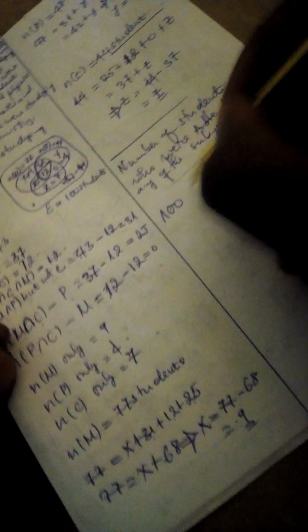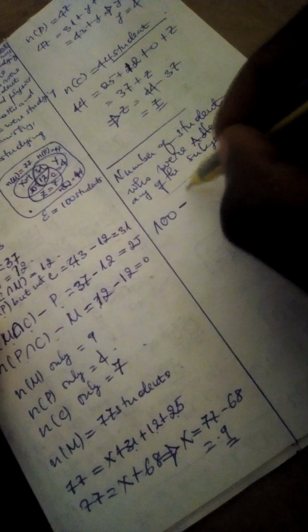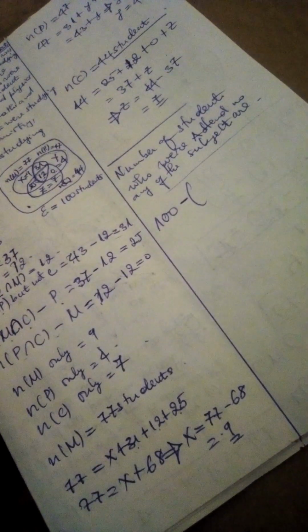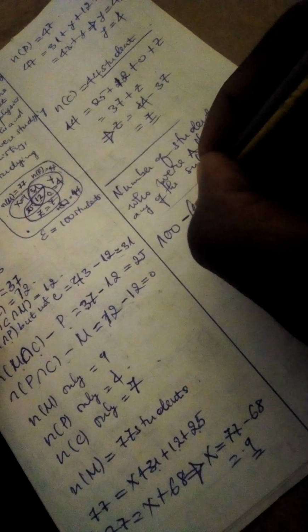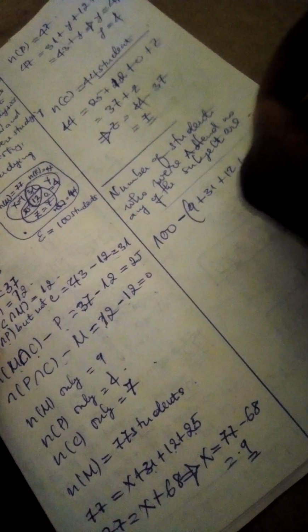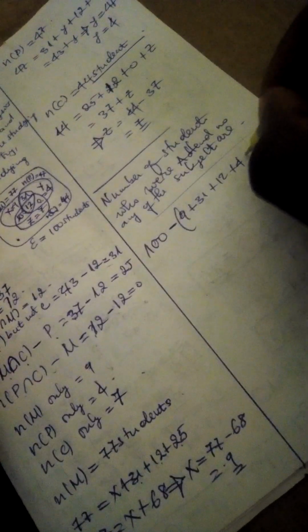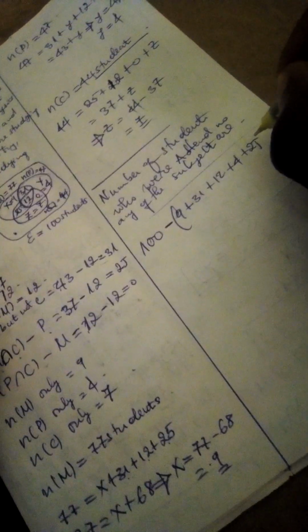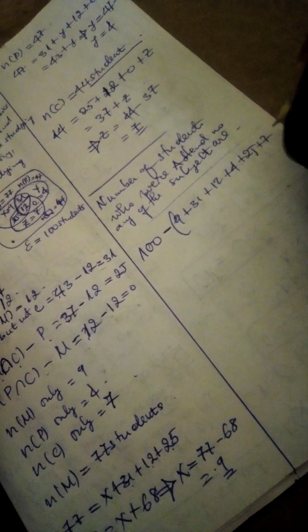So it is minus 9 plus 31 plus 12 plus 4 plus 25 plus 7, right?